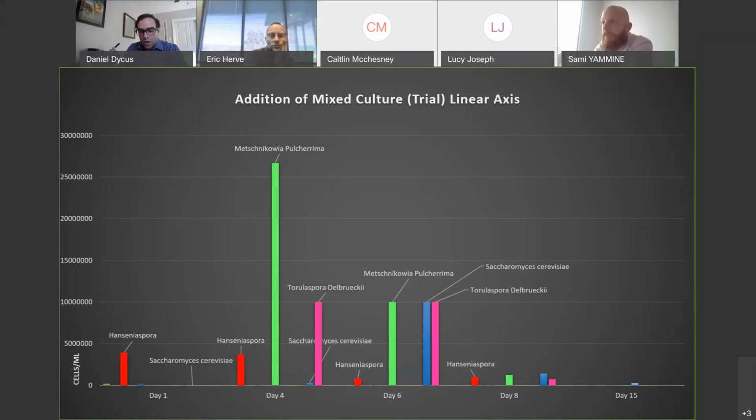We add this Metschnikowia and the Torulaspora to provide downward pressure. So we're utilizing the principles of competition to prevent the growth of unwanted organisms.